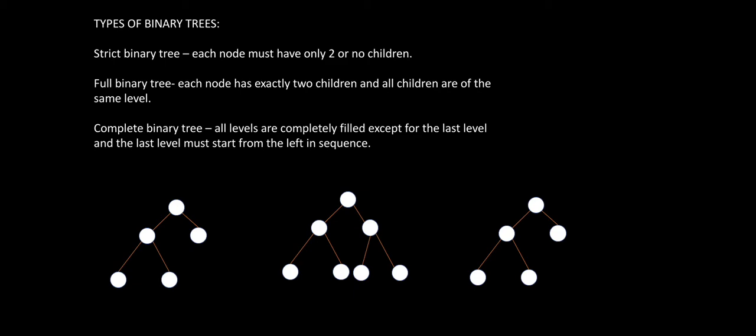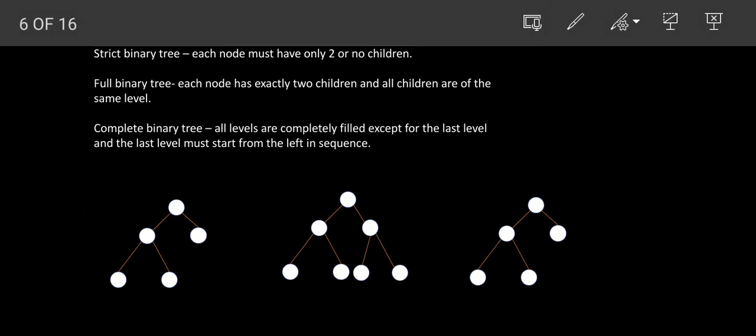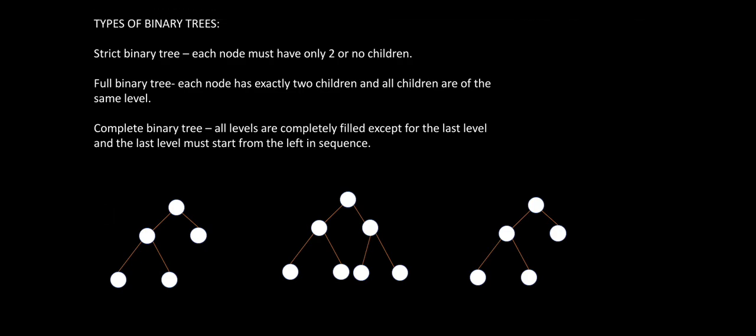And here on the middle is the full binary tree. Complete binary tree, all levels are completely filled except for the last level, and must start from the left in sequence. Remember this term very well.